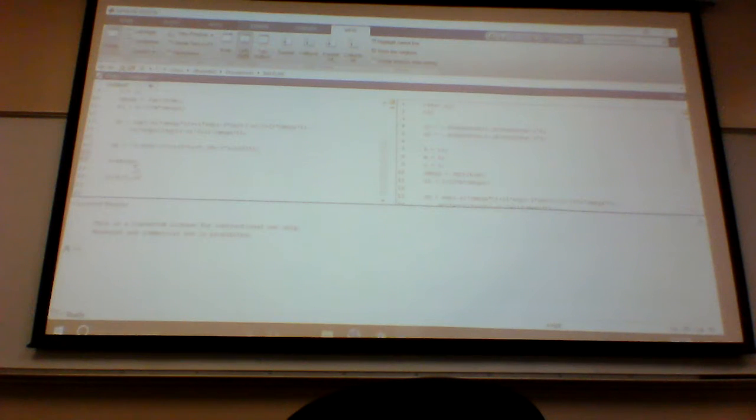What do we do for t then? T equal to what? 0, 0.1 to what? I don't know. 20? 20 seconds.